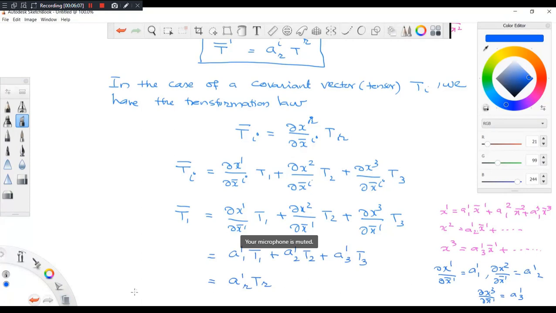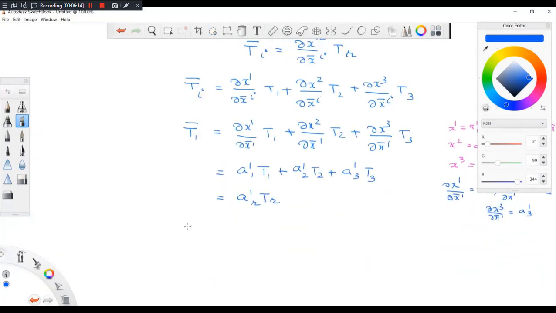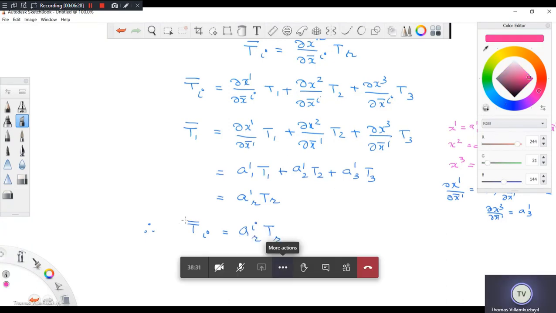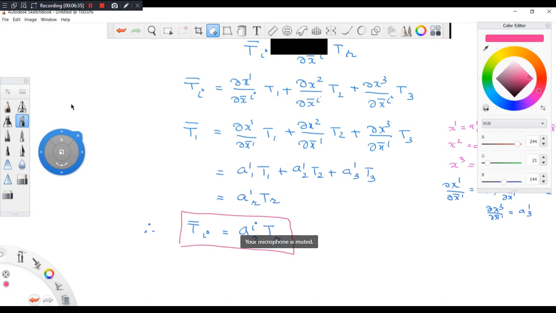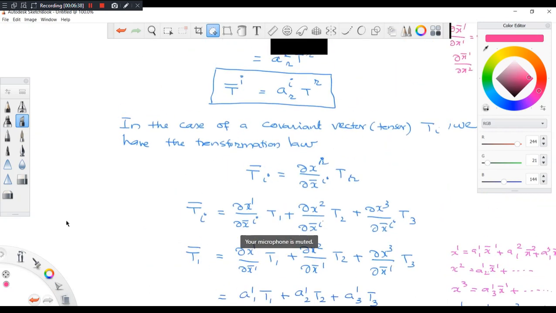So therefore, what is T bar I? So now you can see T bar I is equal to AIR TR. Now look at this transformation law for this, and this transformation law for this.